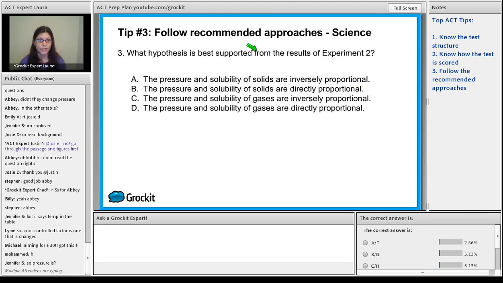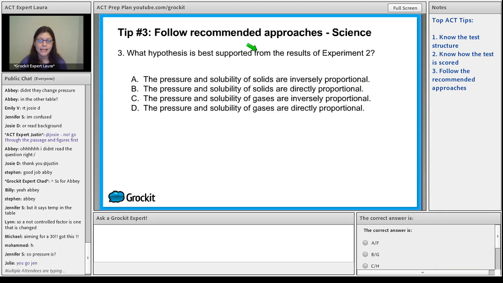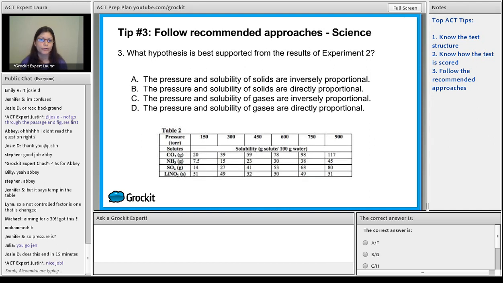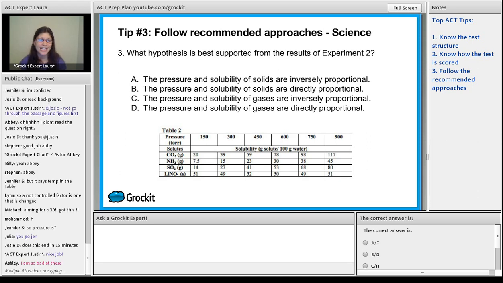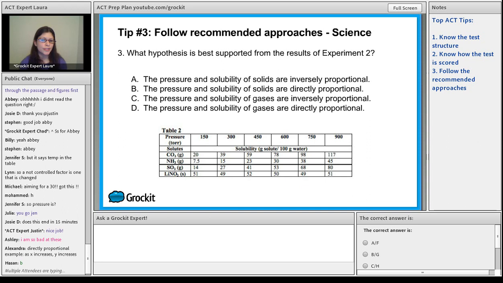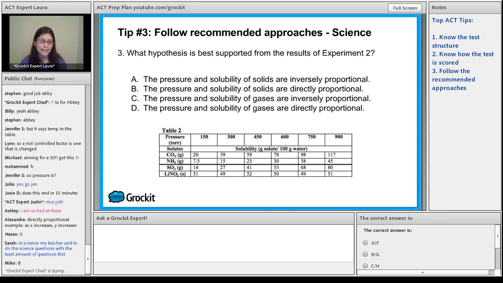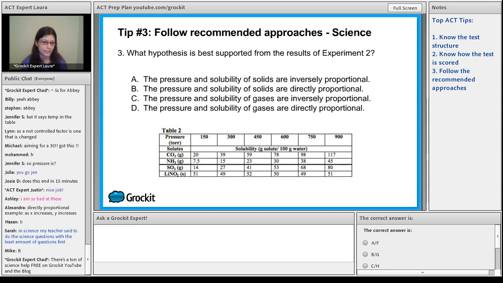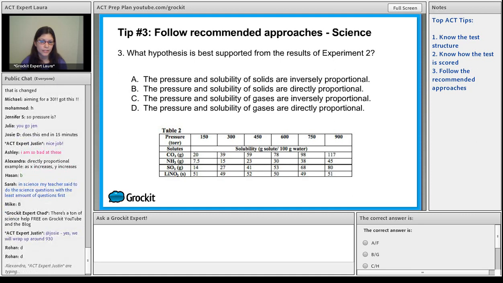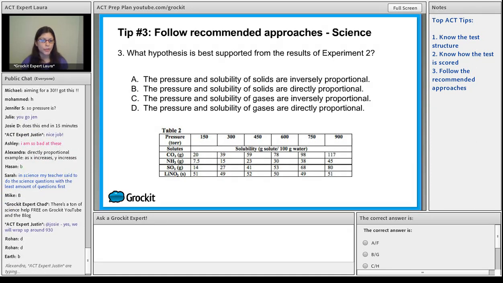Now our final question for science has to do with this idea of direct or inverse variation. So let's put up the chart from experiment 2. If there is a direct variation, then as one increases, the other one increases. Now, in terms of whether it's a solid or a gas, you're going to have to go back to the passage itself. But just tell us, based on direct versus inverse, what 2 answer choices are in the running for you?